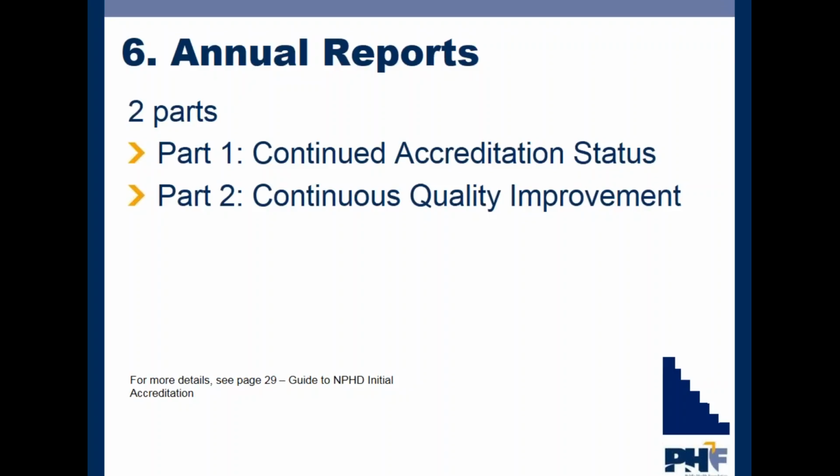Then we get to the next step, which is annual reports, and all accredited departments are required to submit an annual report. It is a statement that the health department continues to be in conformity with all the measures, and the focus is on how the department is addressing the opportunities for improvement that were noted by the Accreditation Committee.